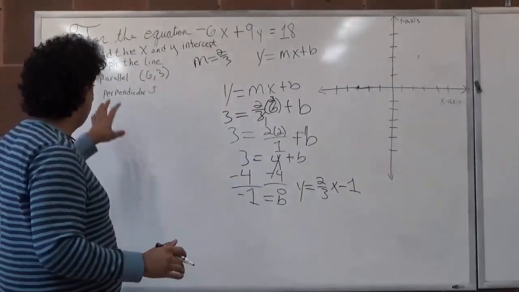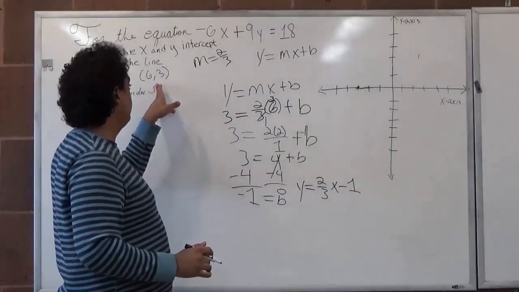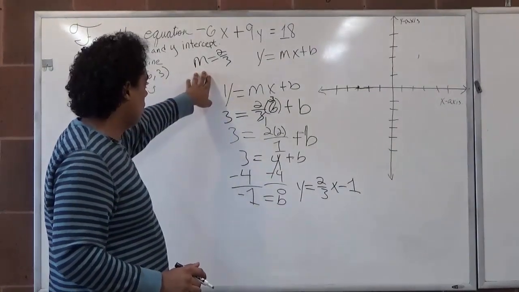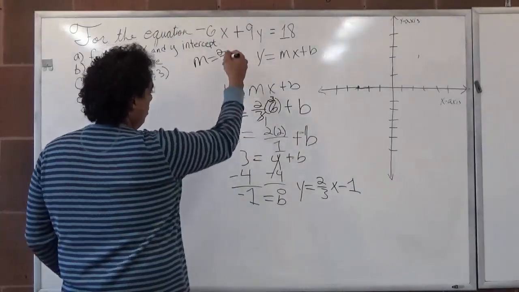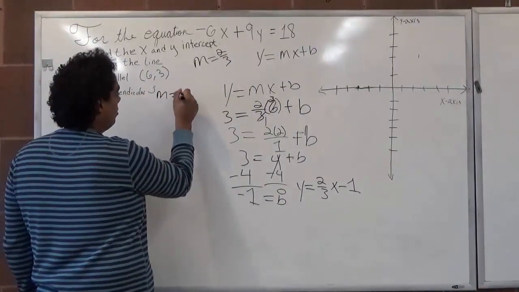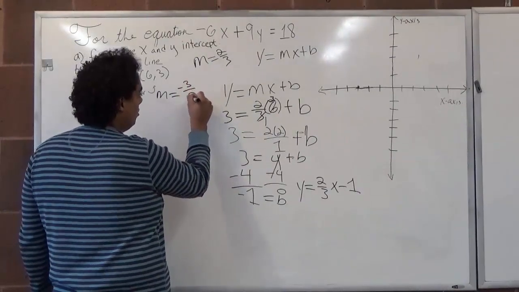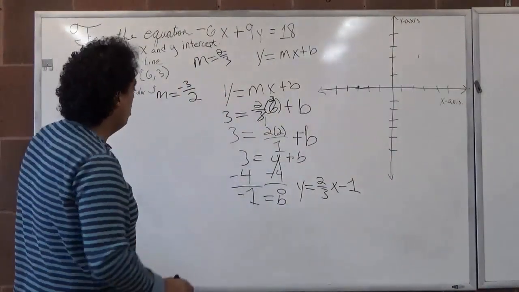To solve for a perpendicular line that passes through the same point, we need to get the negative reciprocal of our current slope. So we flip it and change the sign. If m equals 2/3, then m is equal to negative 3 over 2. And we just follow the same exact thing and plug into our formula.